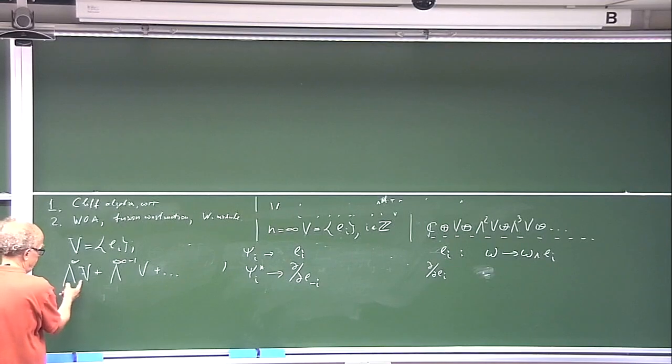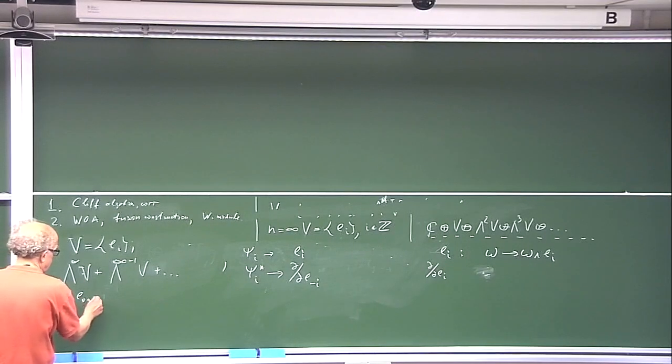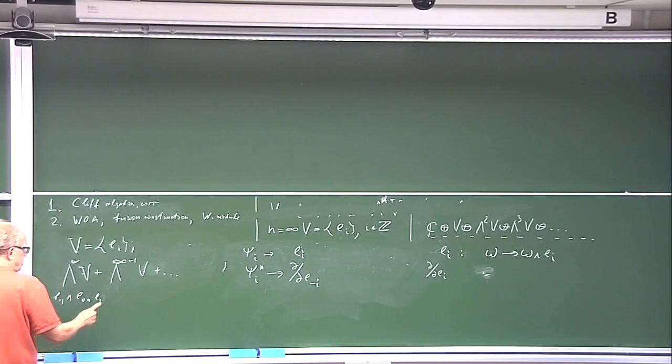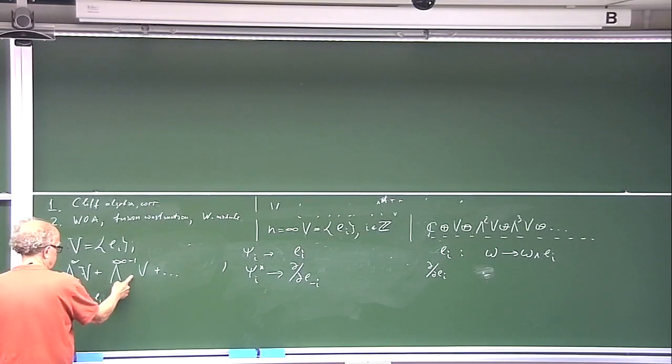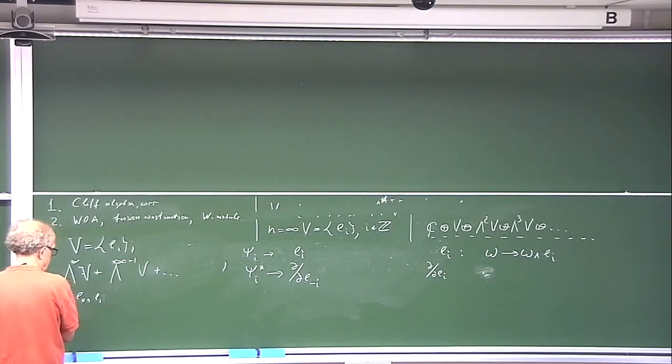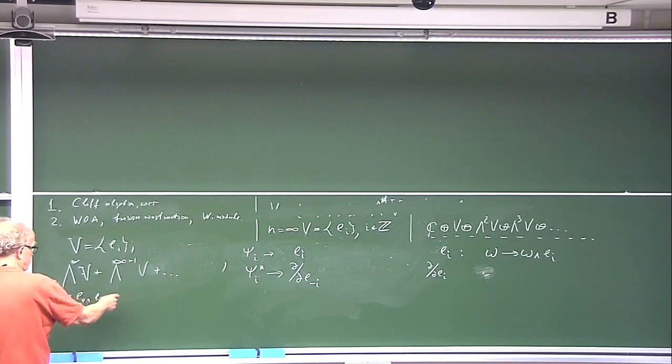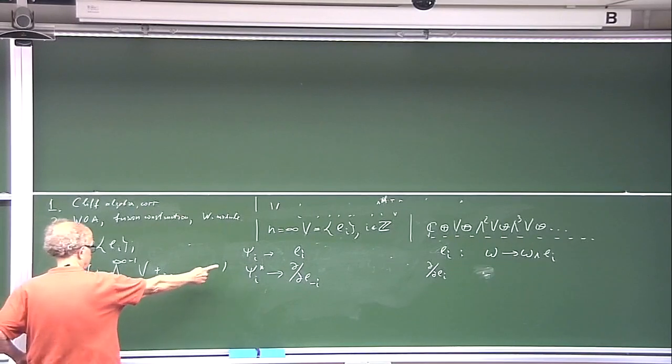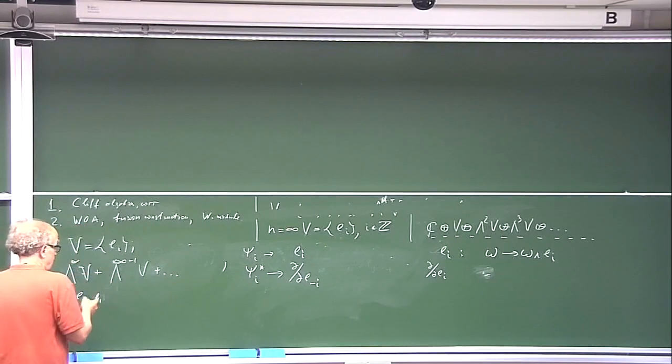This is a one-dimensional space with the basis like this, and this is an infinite dimensional space where we erase one of the elements involved in the sequence, then 2, 3, and so on.